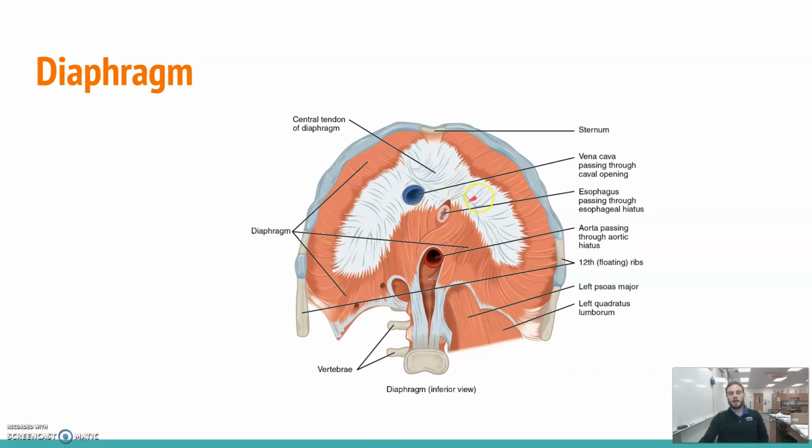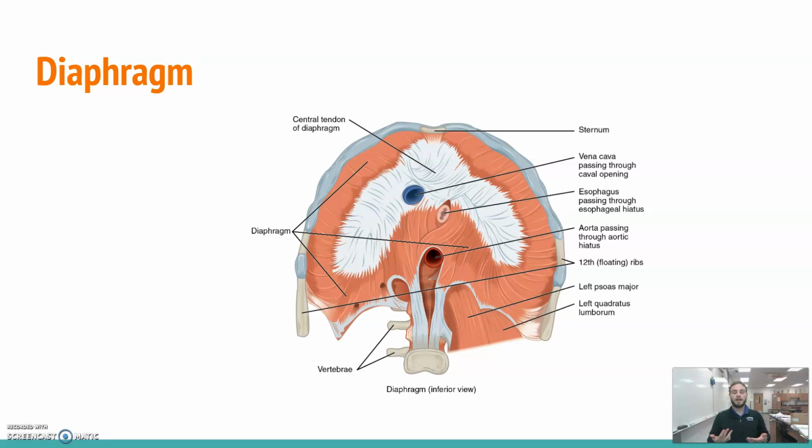You do have several openings through your diaphragm. Here you can see the vena cava passing through the caval opening. You have your esophagus passing through that esophageal hiatus. And then down here you have the aorta passing through the aortic hiatus, because without them, you couldn't have blood get to your lower half, or you couldn't have food get to your lower half.